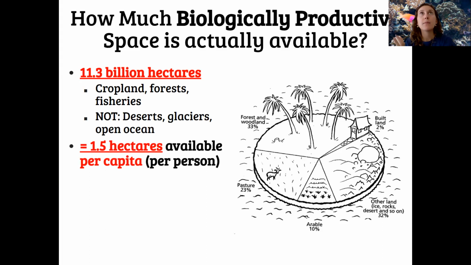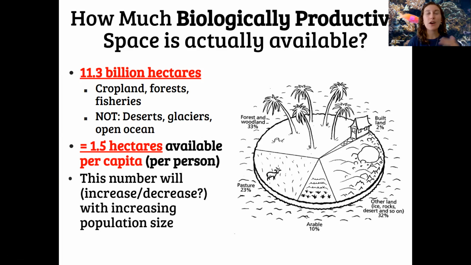This excludes deserts, glaciers, and open ocean, where I'm not going to be farming, building settlements, or raising cows. If I take the biologically productive land, what I can actually use to produce those resources, divided by how many people are in the world, that's about 1.5 hectares available per capita, which means per person. That's a very key term: per capita is per person.